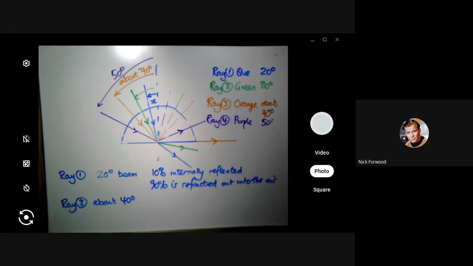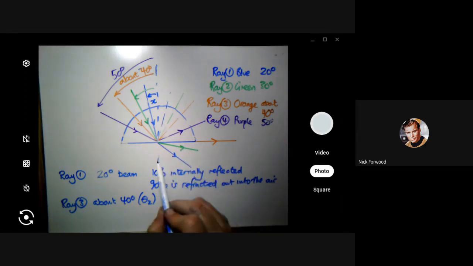Now you can see that this angle here, which is theta 2, what is theta 1? Well, here we could have worked it out, and it's probably about 40 degrees. This one will be about 70 degrees. What is this angle, theta 1? What is this angle, theta 1, in air?